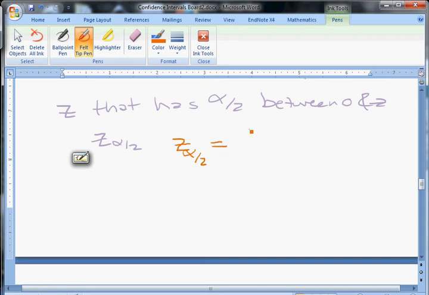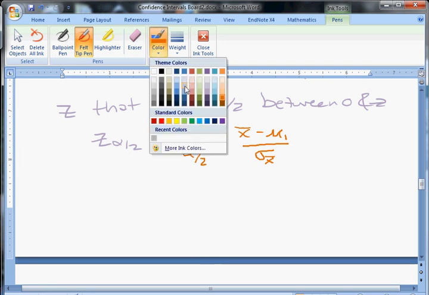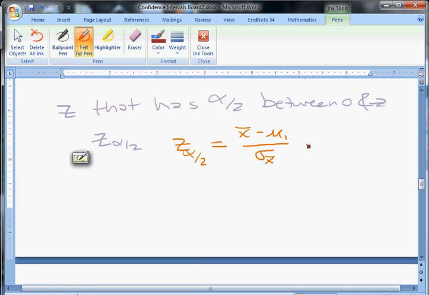X bar minus mu1 over sigma x bar. We figured out all those things, right? We know x bar, we know sigma x bar, we don't know mu1. We figured out z alpha over 2. We're trying to find mu1. Well, every time you do this, what happens is the next thing you do is you multiply both sides by sigma x bar. These cancel out.